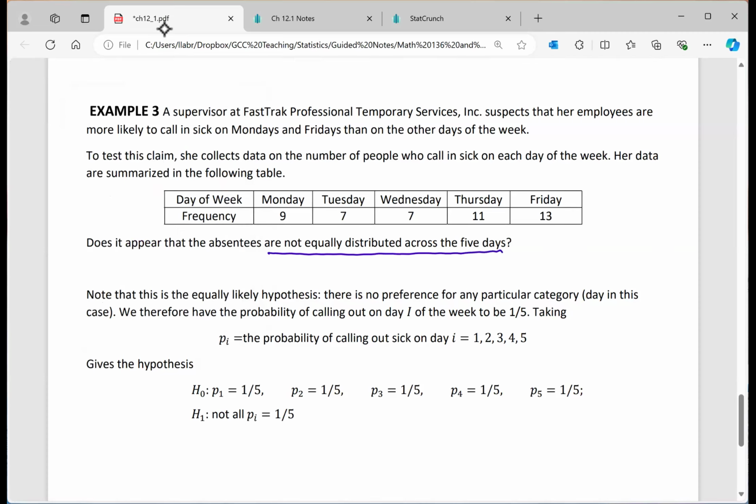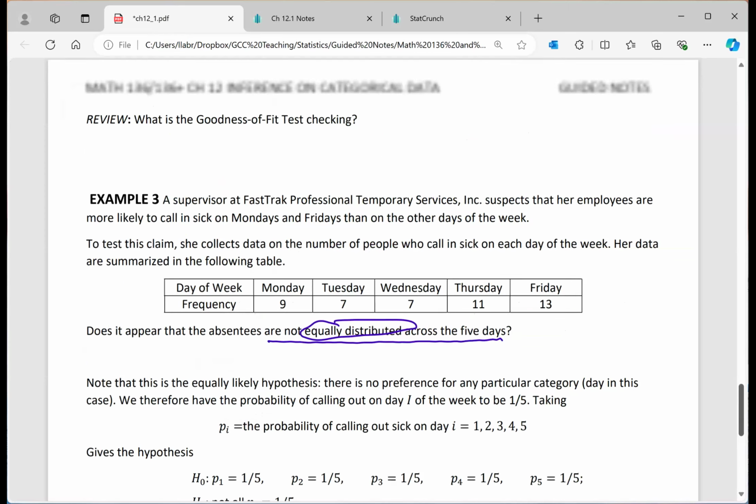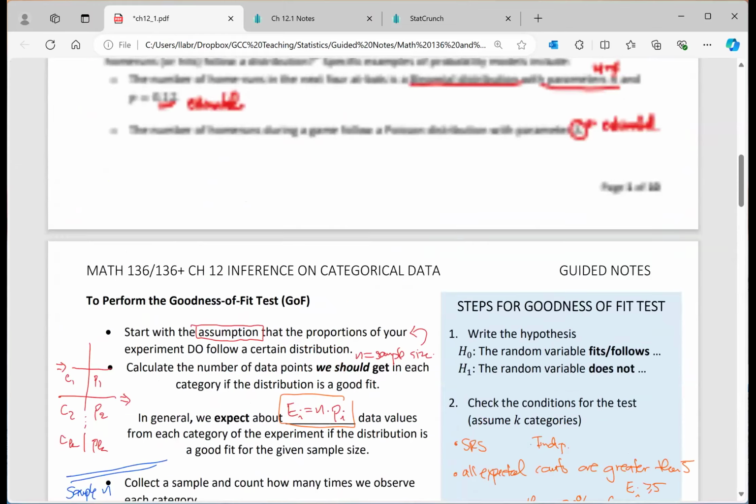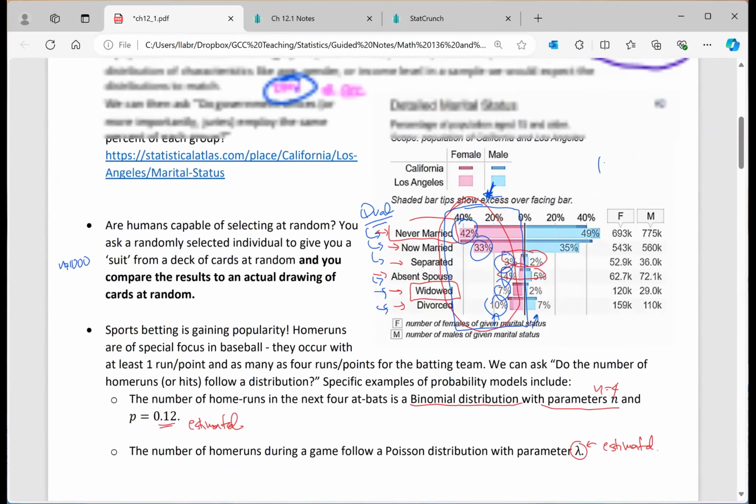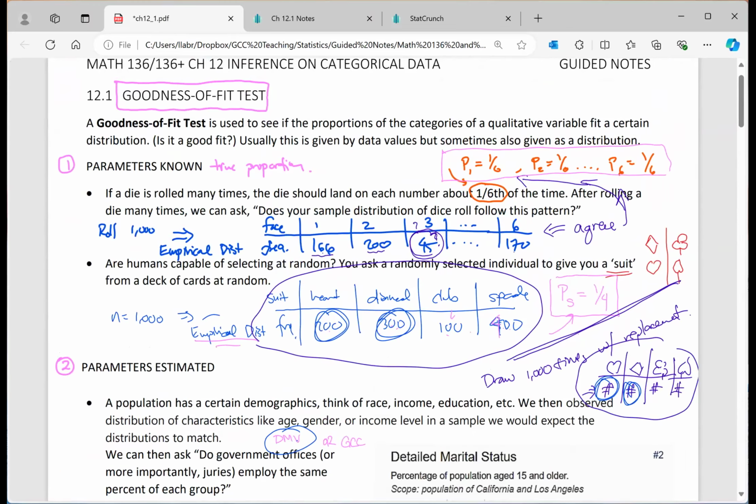And so the key here is to see "equally distributed." Equally distributed is going to happen a lot in our examples. That's basically this first scenario where we said, if the parameter is known, then, for example, when I roll a die, I know the probability of each category is 1 out of 6 because there are 6 categories.